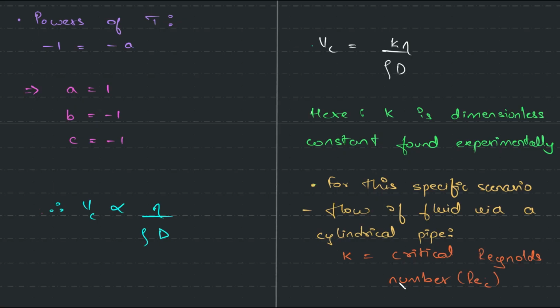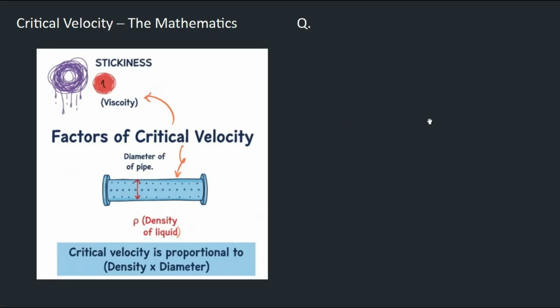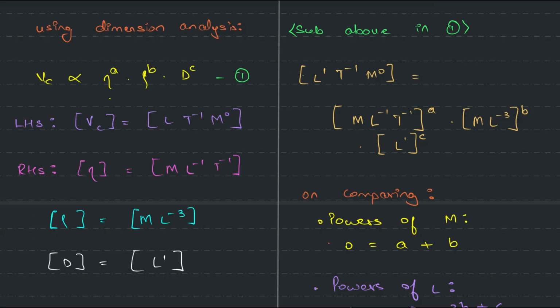In this scenario, the name given to K is the critical Reynolds number. Sorry, I think I said Raymond's number. It's the Reynolds number. So that is it.